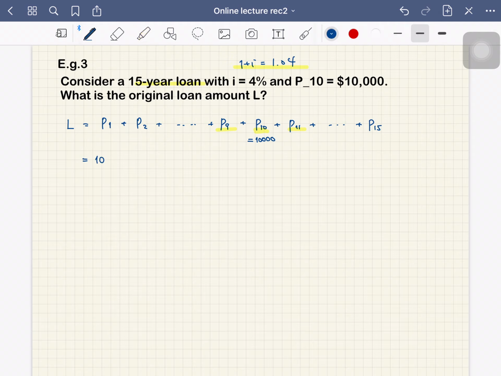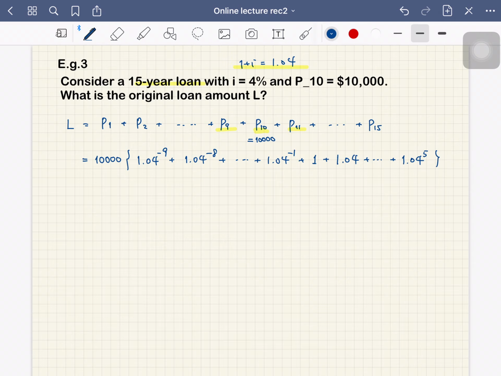So in total, P1 is 10,000 times 1.04 to the negative 9th power, P2 is negative 8th, and P9 is negative first power, P10 is just 10,000, P11 is 10,000 times 1.04, and finally P15 is 1.04 to the 5th power.